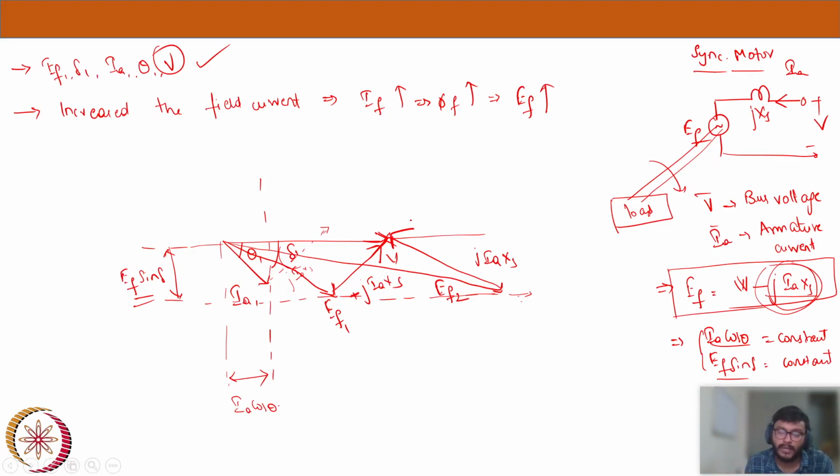You have to add the JIA XS drop to the EF2 to get the V. Now this is JIA XS. Project it onto the perpendicular to get the intersection point so that you can get the IA.